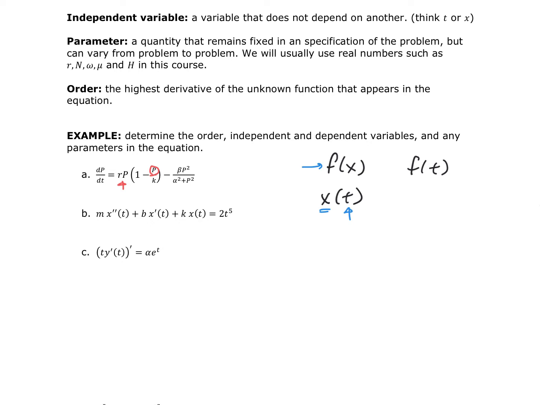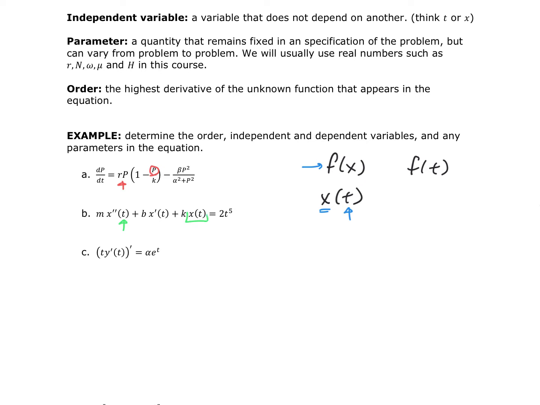I could have absolutely written this as m of x double prime plus b of x prime plus k of x equals 2t squared, but then it's a little bit harder to determine what is our independent and what is our dependent when it's written like that. Here it's much easier to determine that our independent is t, our dependent is x of t.